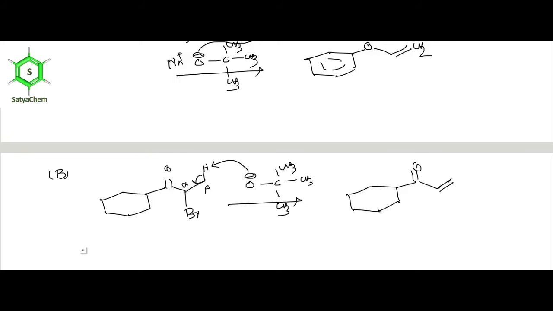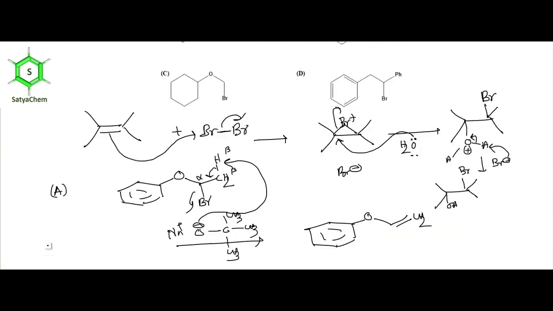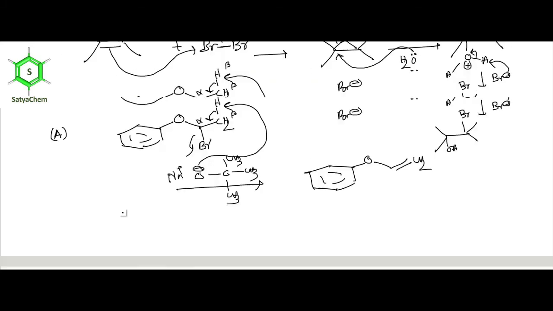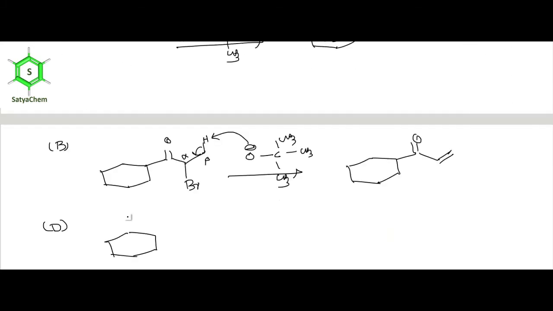Let's take option D. This is Br, this is Ph. This is the alpha carbon, this is the beta carbon, and this is a beta hydrogen.